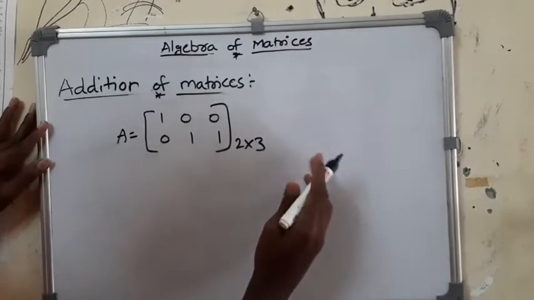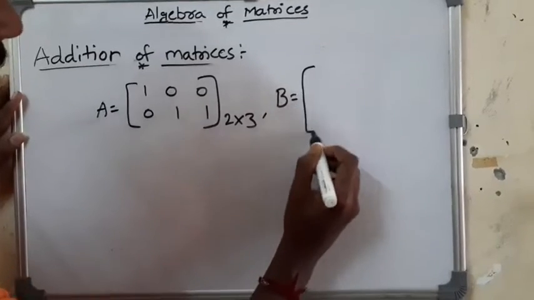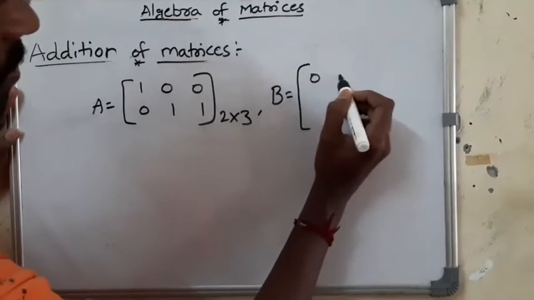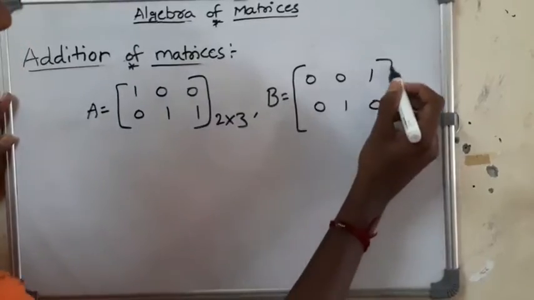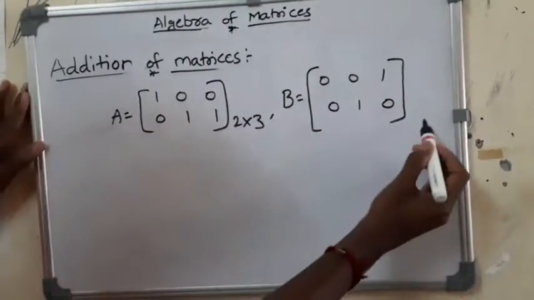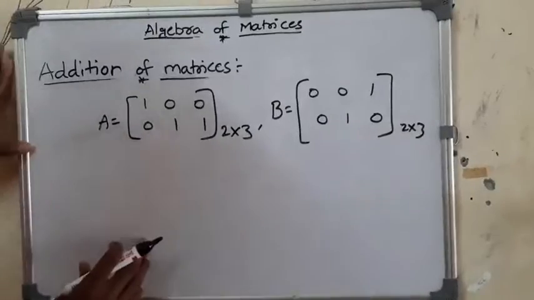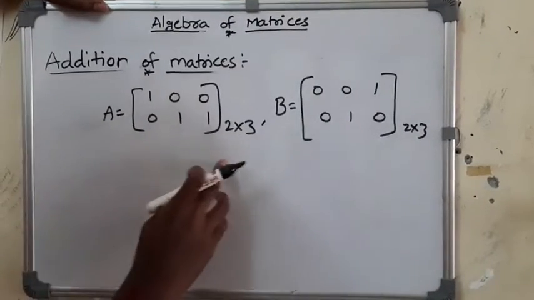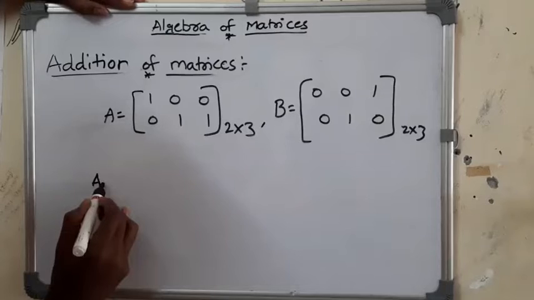Now we take another matrix B which has elements 0 0 1 0 1 0. Here B is also a 2 by 3 matrix because it has 2 rows and 3 columns. So if we observe, A and B have the same rows and same columns. So we can perform the addition operation on A and B.